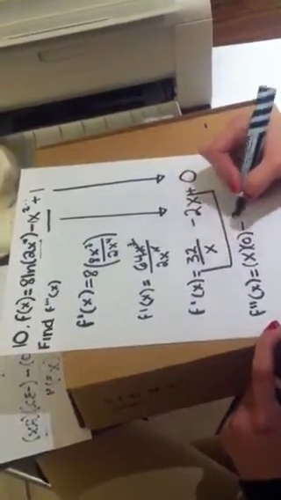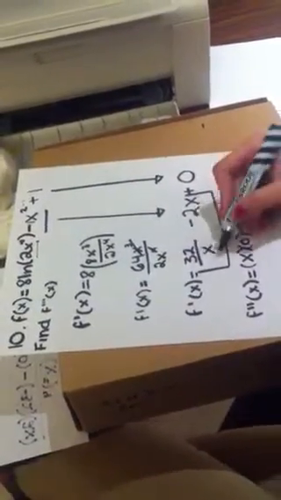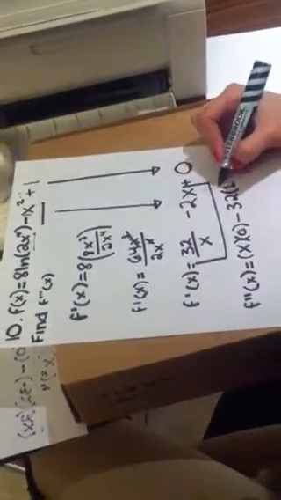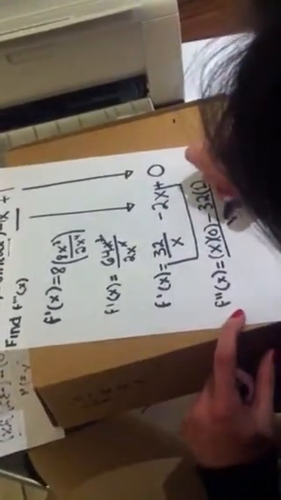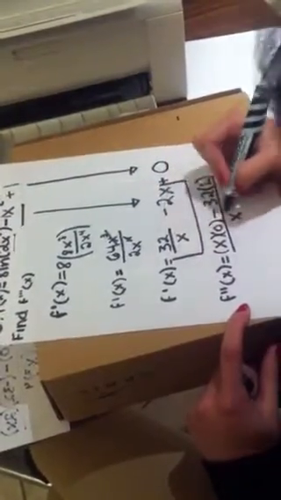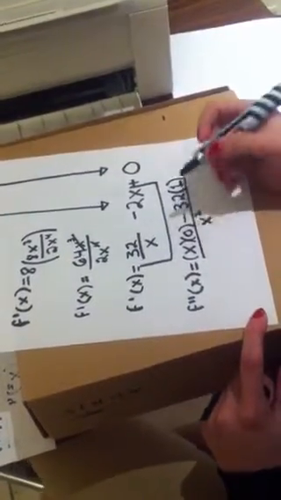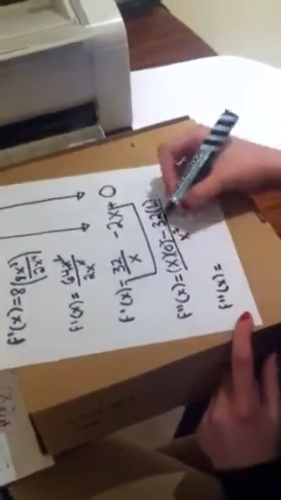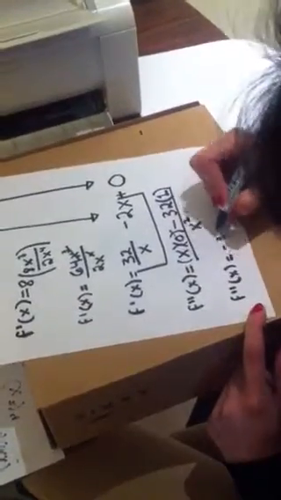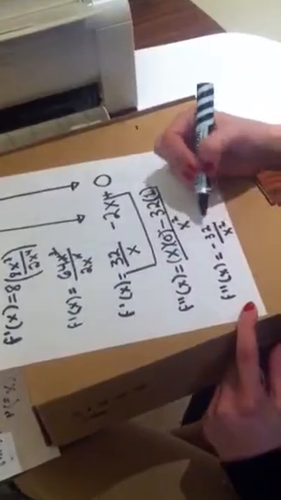Minus 32, just as it is, times the derivative of the denominator, that is 1, over x, the denominator squared. In here, x times 0 is 0, so we cancel it. Negative 32 times 1, negative 32 over x^2. This is the second derivative of the first term.